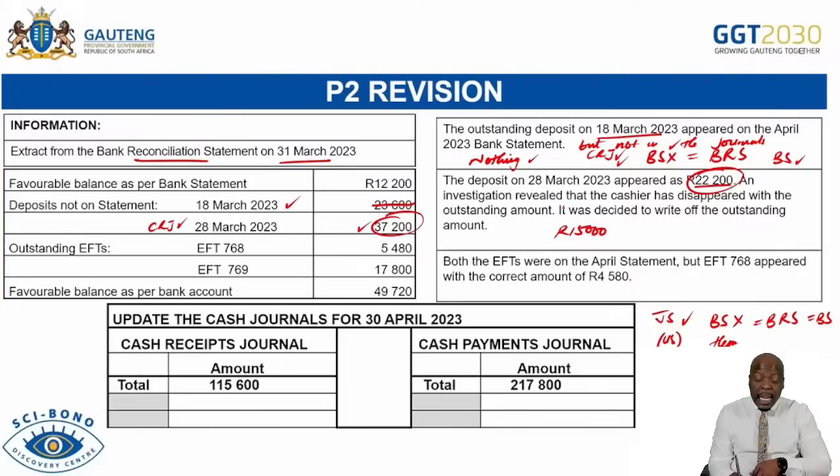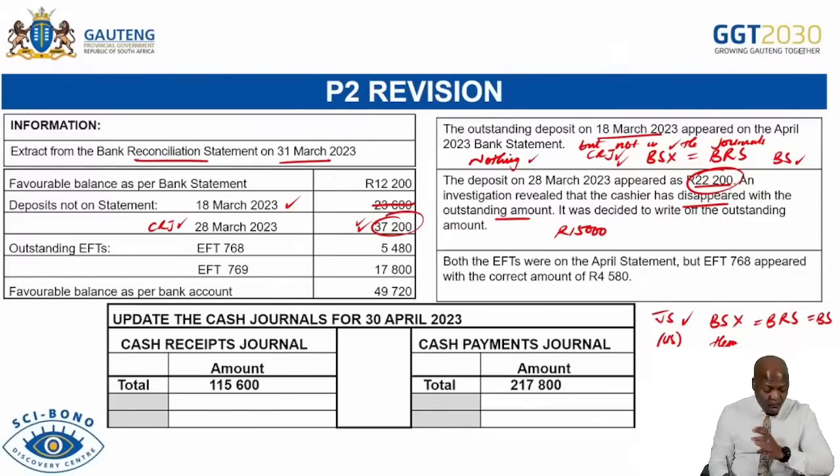Now we're being told that an investigation revealed that the cashier has disappeared with the outstanding amount. So the cashier has run away with the 15,000. It was decided to write off the outstanding amount. So the moment we cannot account for that money, we write it off. In the CRJ, we recorded 37.2. However, only 22.2 is appearing on the bank statement.